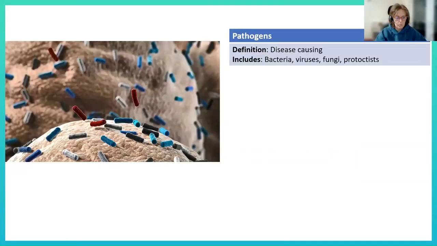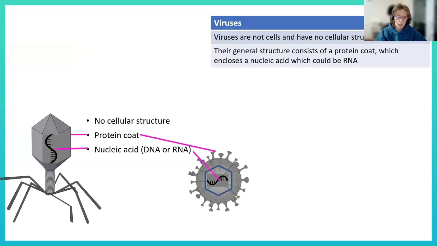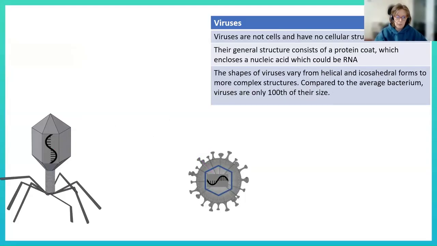So as we know from studying microbiology, the definition of a pathogen is a disease-causing microorganism. Examples are viruses. Here's some viruses. No cell structure, as you know, just some protein and nucleic acids in the middle. Loads of different forms. We can see a couple on the screen.